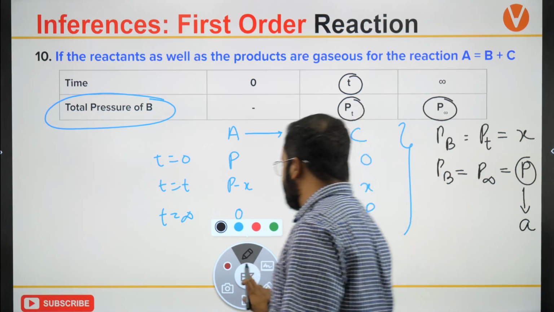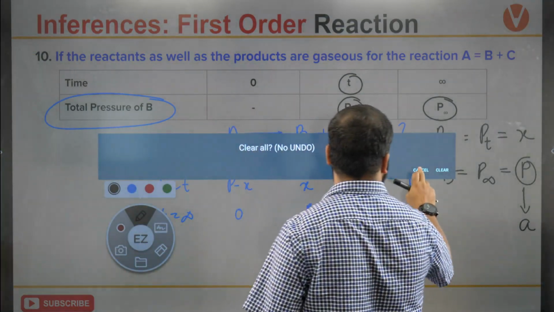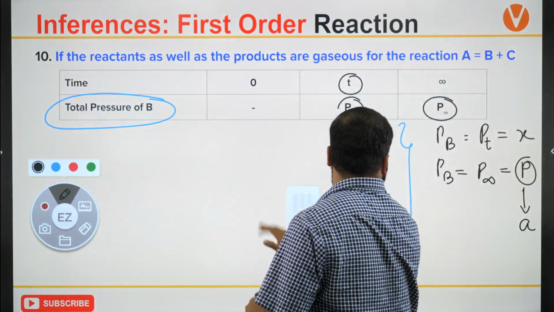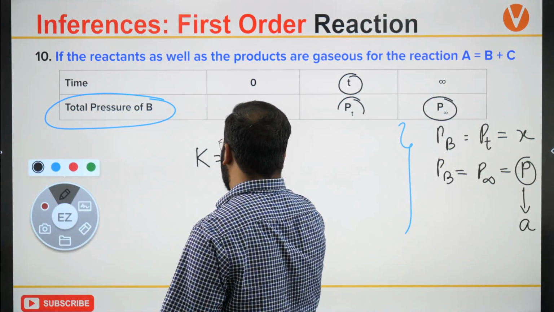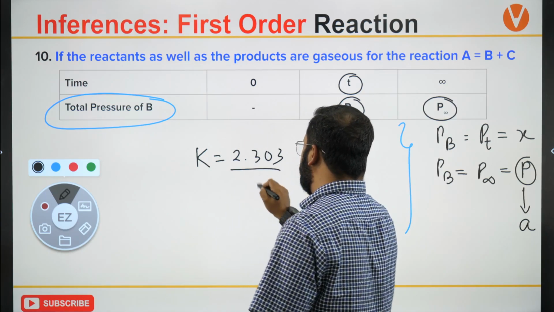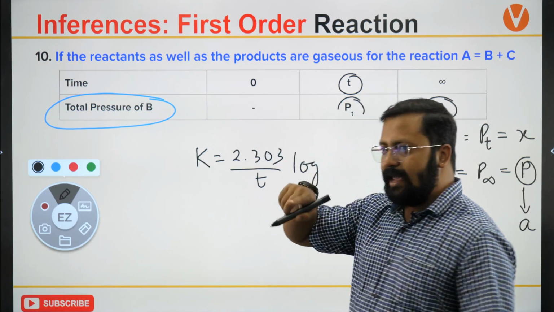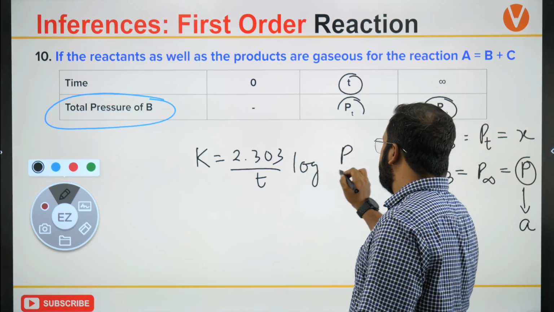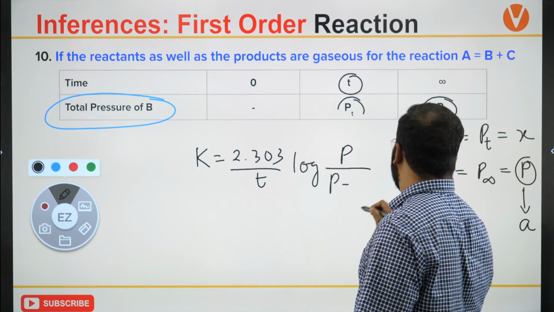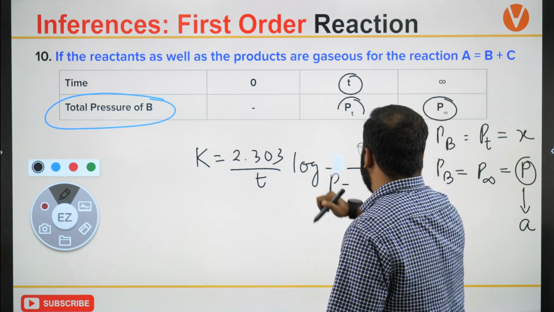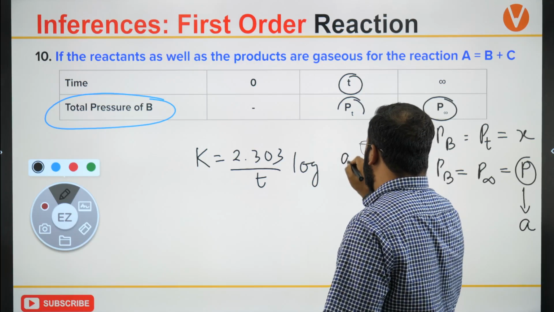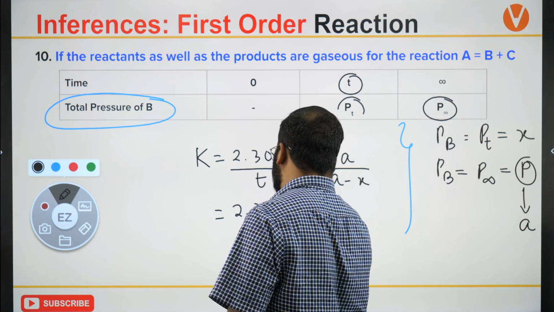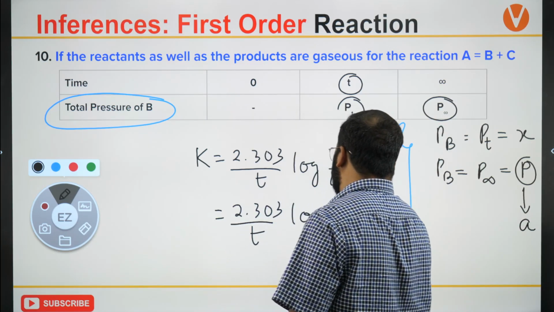So now I can write the equation. K will be equal to 2.303 by T log of A by A minus X. A is given as P, so it is A by A minus X. So 2.303 upon T log of what is A?